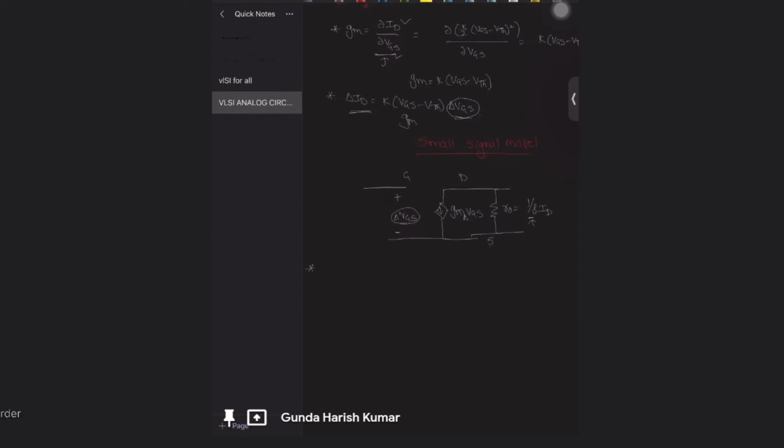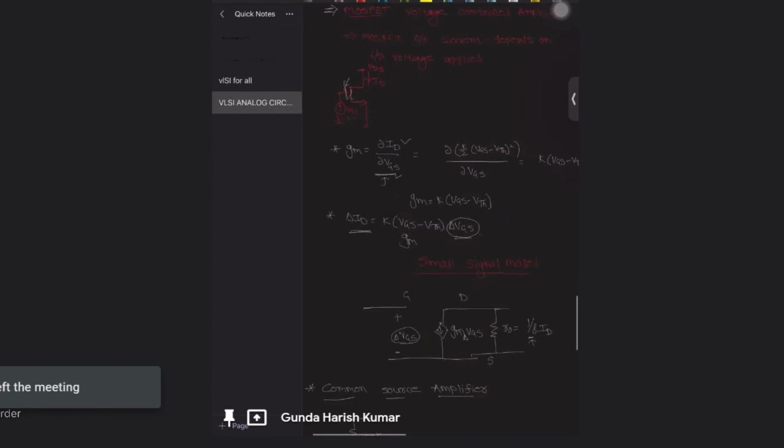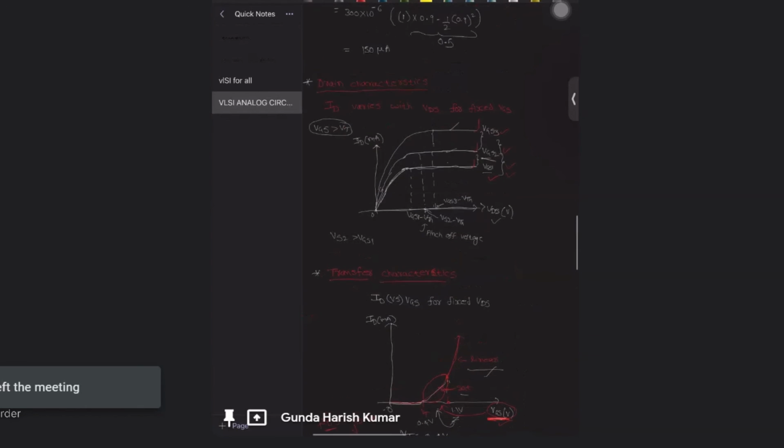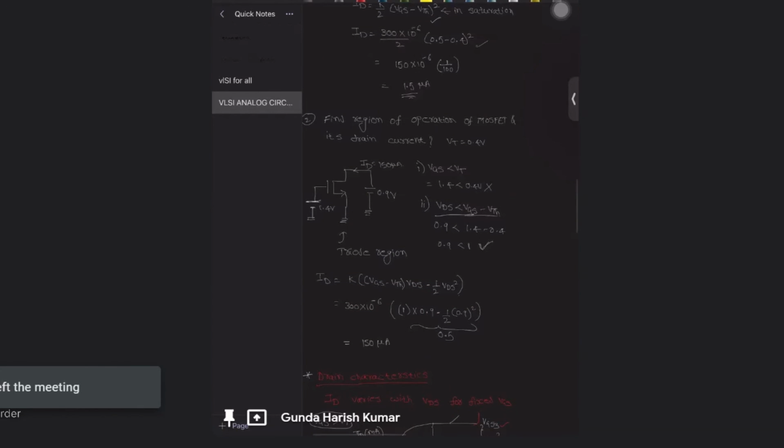Suppose I discuss a common source amplifier first. Suppose there is a resistance of 100k, and this is a drain voltage.